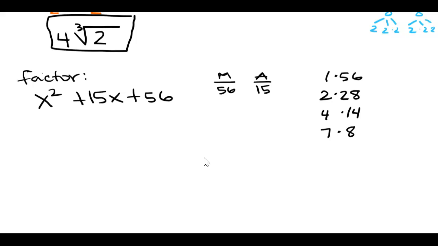And I know that I have all of my factors, because I worked organized as I was going down: 1, 2, 3, 4, 5, 6, 7. And then I look to the other side, and since 7 is right next to 8, there are no numbers in between them, so I know I have all of my factors. Now I'm just looking to see which one of these factors would add to be 15.